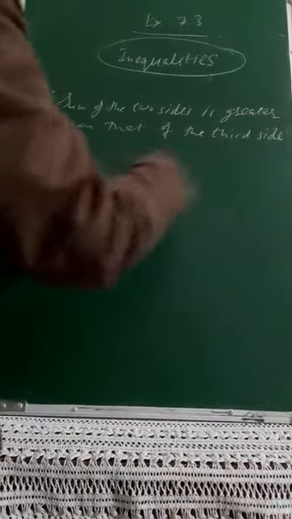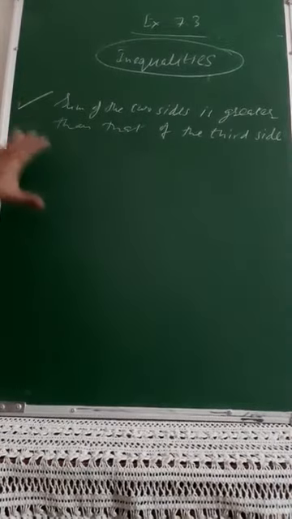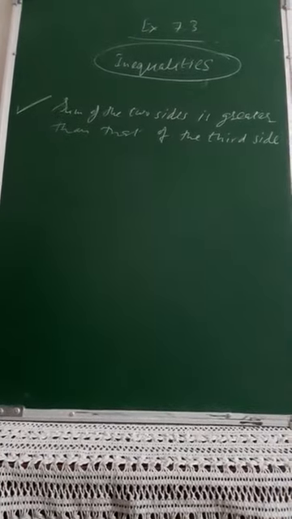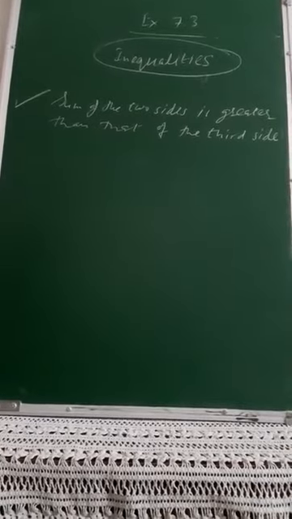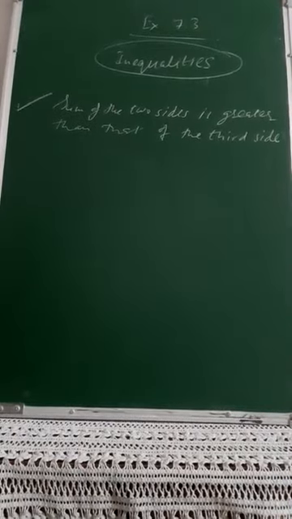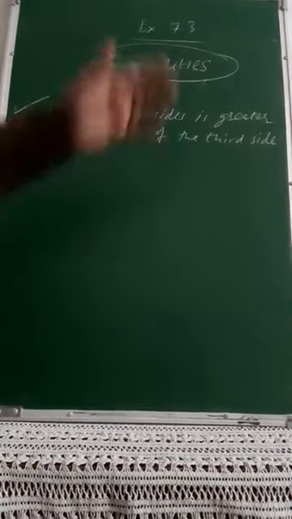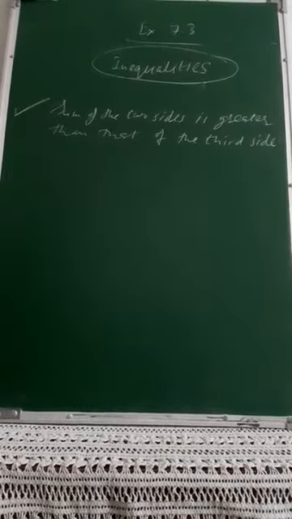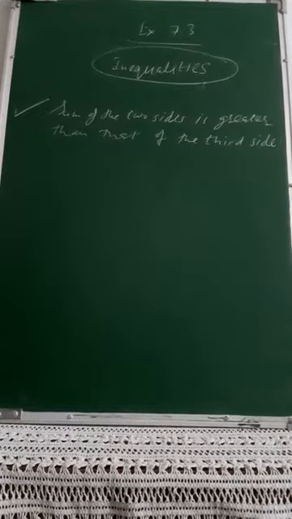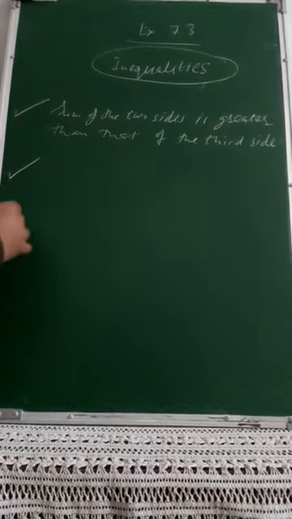I'm just taking you to the topic. Why do we say inequalities? So here you can see, if you have done this property, the sum of two sides is greater than the third side. It means I'm talking about inequality. So this is the first point, which if you have already studied, will take you to the topic, that is inequalities in triangles.